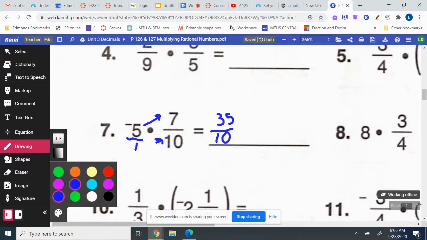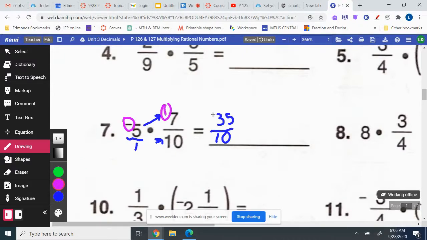Now we've got to look at, is this positive or negative? I have one negative sign and I have no sign, which means that's a positive. I have different signs, so different signs tells me I have a negative number. Now this is totally awesome, but it's not in lowest form.